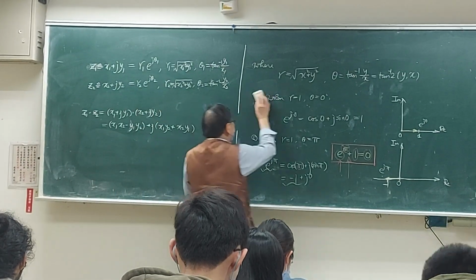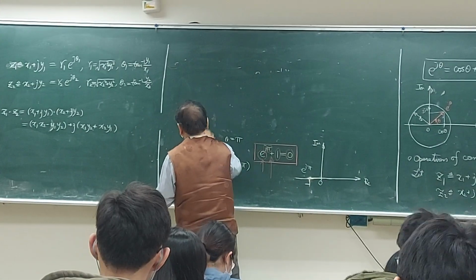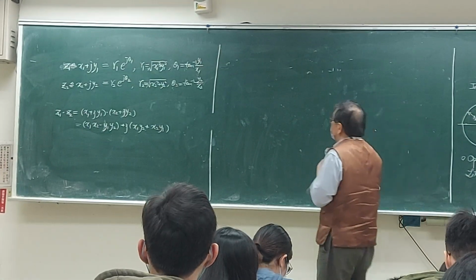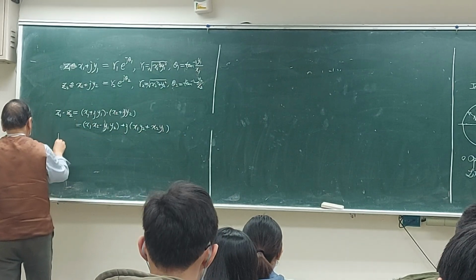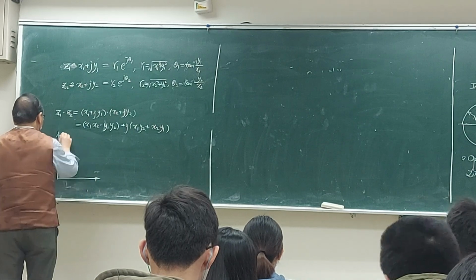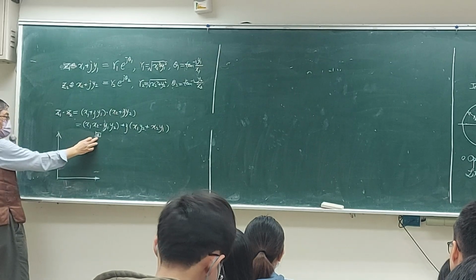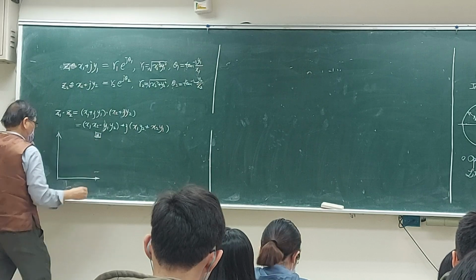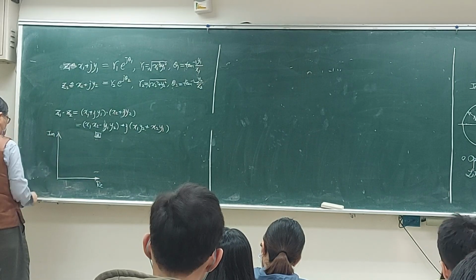Let me use the complex plane. One more time, j means it is a complex plane. So this is the real axis, and this is the imaginary axis.